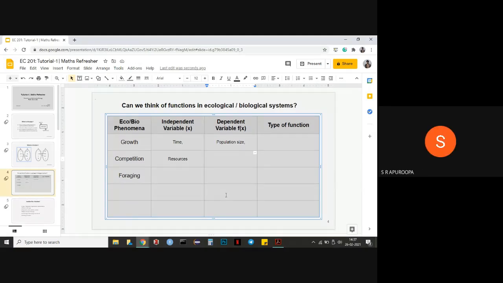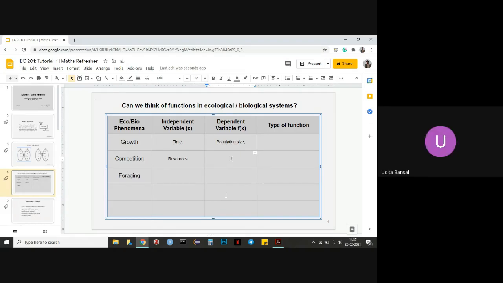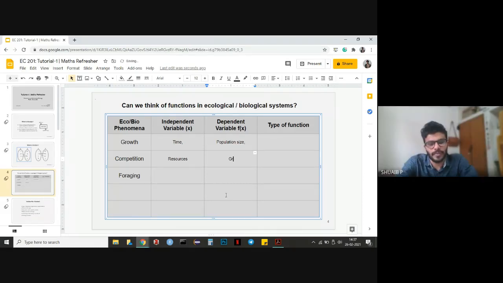Yeah, competition would have some effects on the population. So can you identify what would be that variable? The growth rate of one population versus another. Growth rate can be.